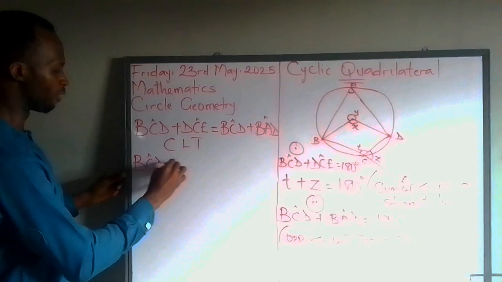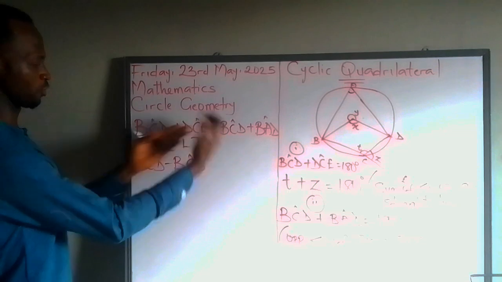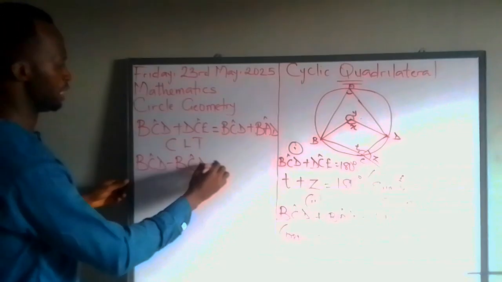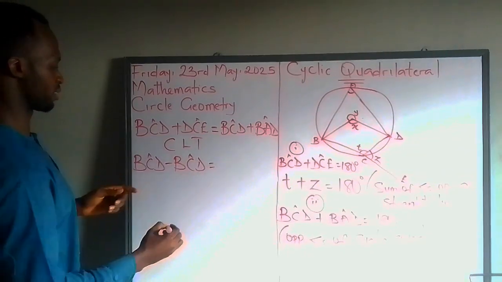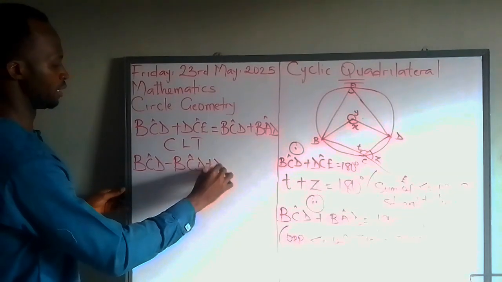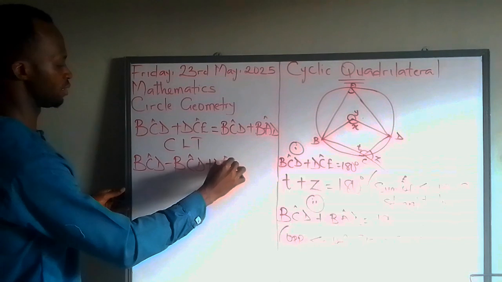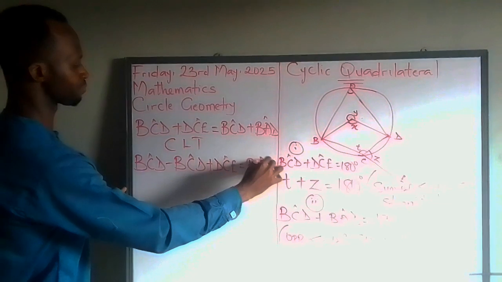So angle BCD minus angle BCD on the other side. This comes to this side, becomes minus, right? And that's of course, let's continue. So we have DCE on this side plus DCE, and that's equal to angle BAD.